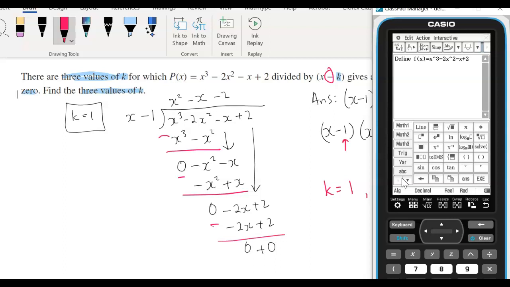All right, so all I'm doing is telling the calculator, all right, calculator, please remember this function. So we've got x cubed minus 2x squared minus x plus 2. So you just want to make sure you've entered it correctly.